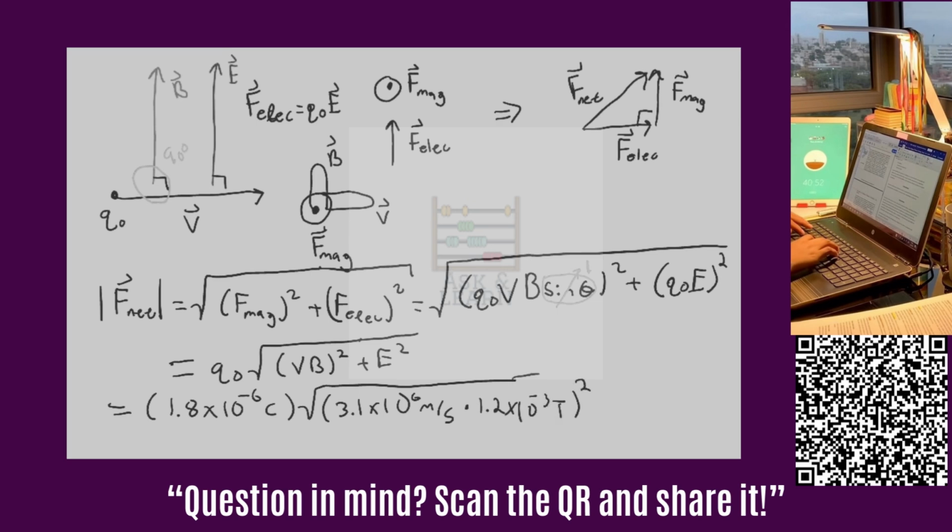And then we square that product. And then we add to that the value of the electric field squared, which is 4.6 times 10 to the 3 newtons per coulomb, all squared. So if we plug this into our calculator, we end up getting our answer, which is that the magnitude of the net force acting on this charged particle is around 1.1 times 10 to the negative 2 newtons.